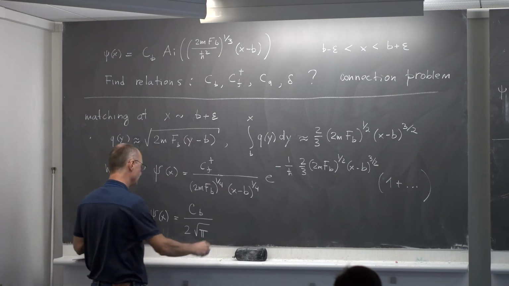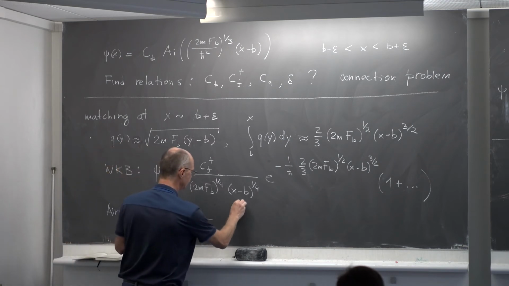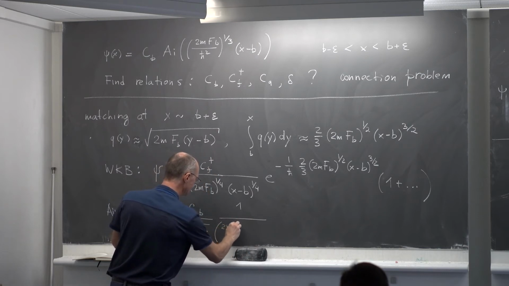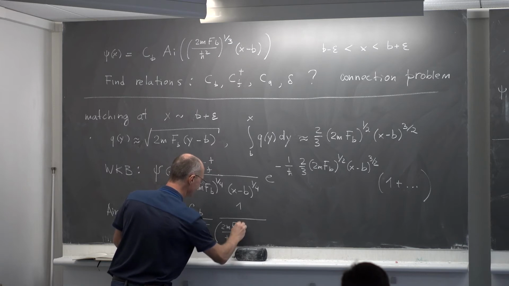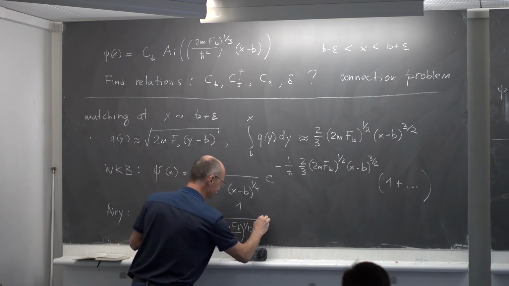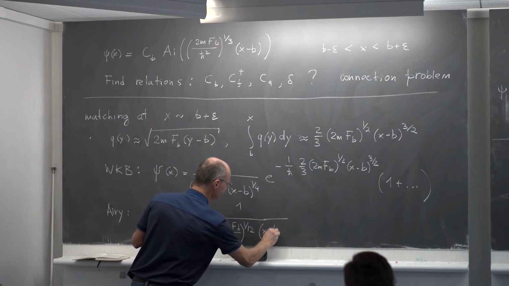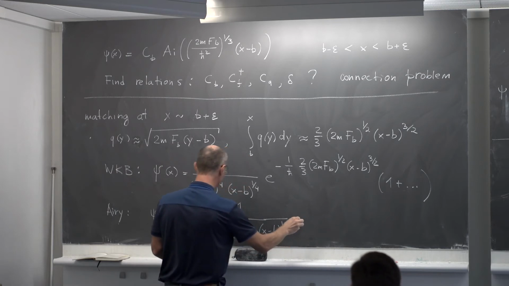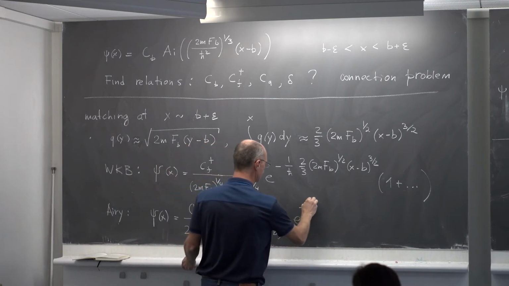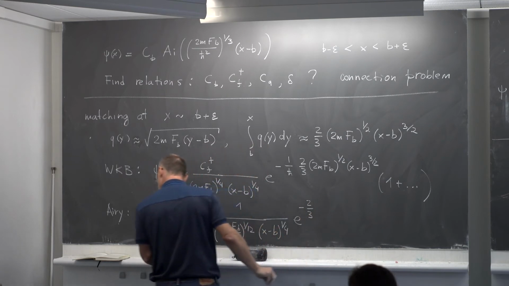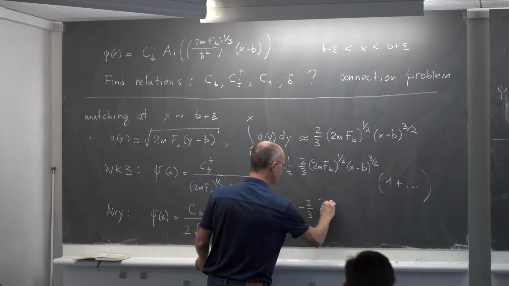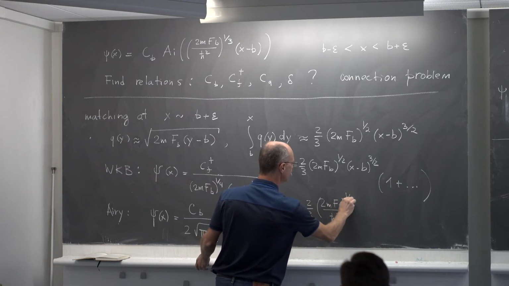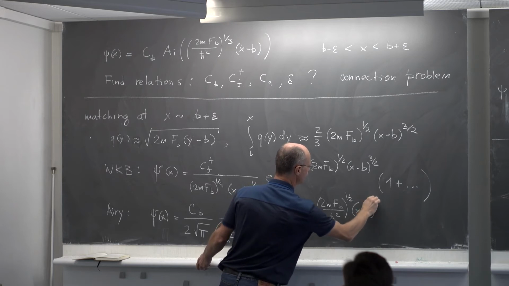And then, let me just write down what I computed, hopefully it's correct: (2m f_b over h squared) to the power 1/12, (x minus b) to the power 1/4, and then the exponential of minus 2/3 (2m f_b over h squared) to the power 1/2 (x minus b) to the power 3/2.